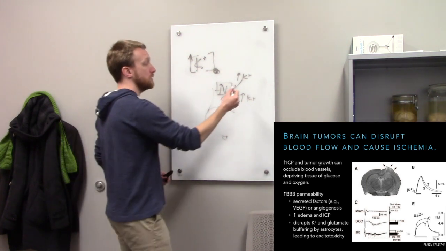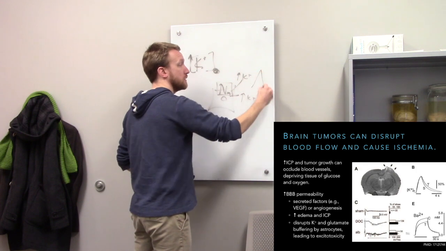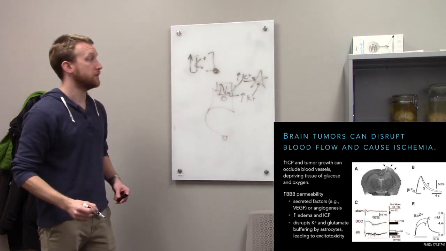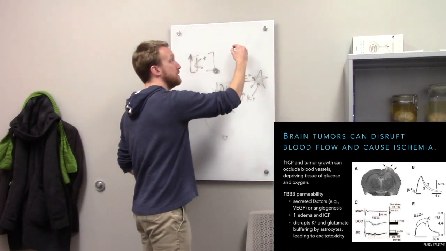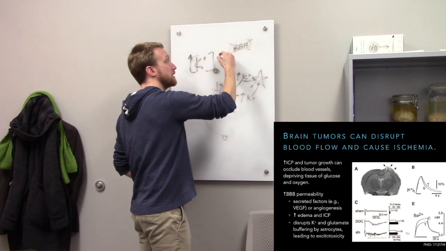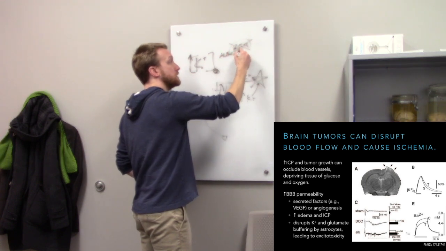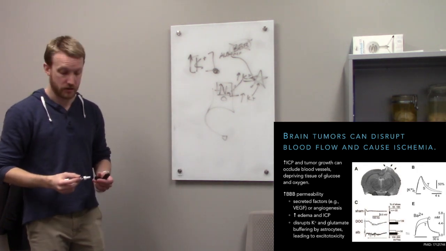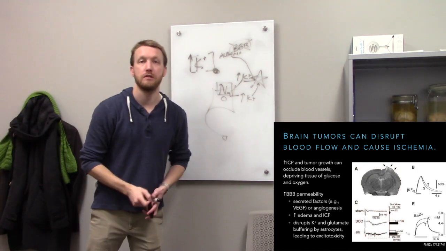Now, normally, astrocytes buffer that potassium, just like in Lecture 1. When we have a leaky blood-brain barrier that's not working properly, albumin leaks in and prevents that potassium reuptake. And that's what we're seeing here in these data, believe it or not.